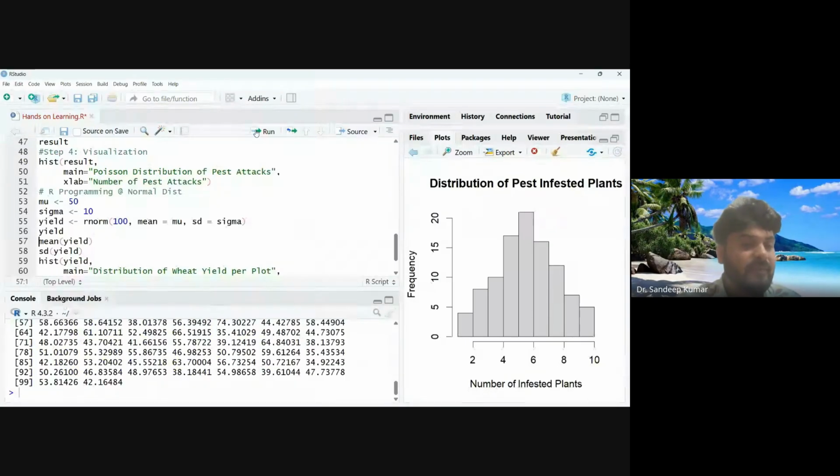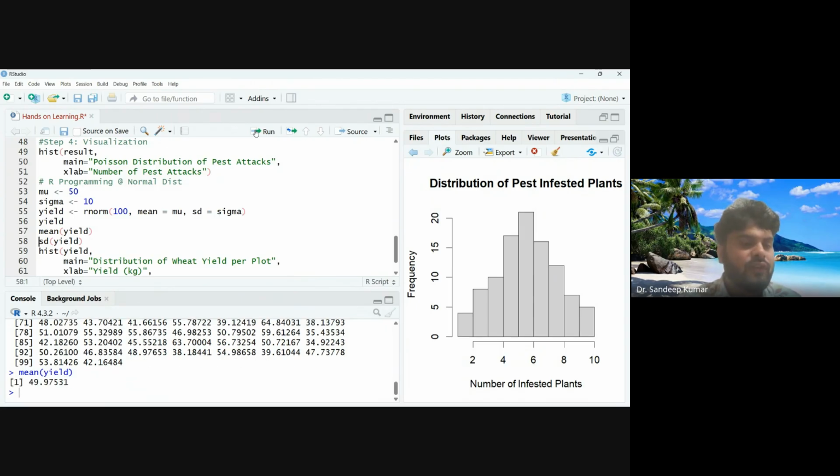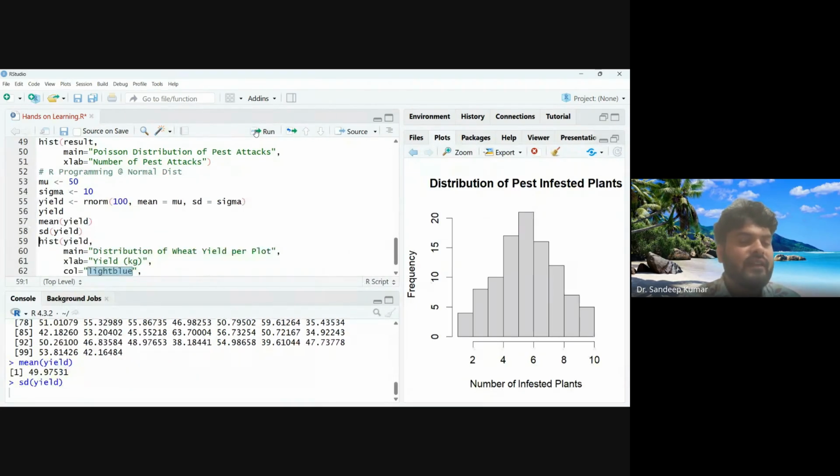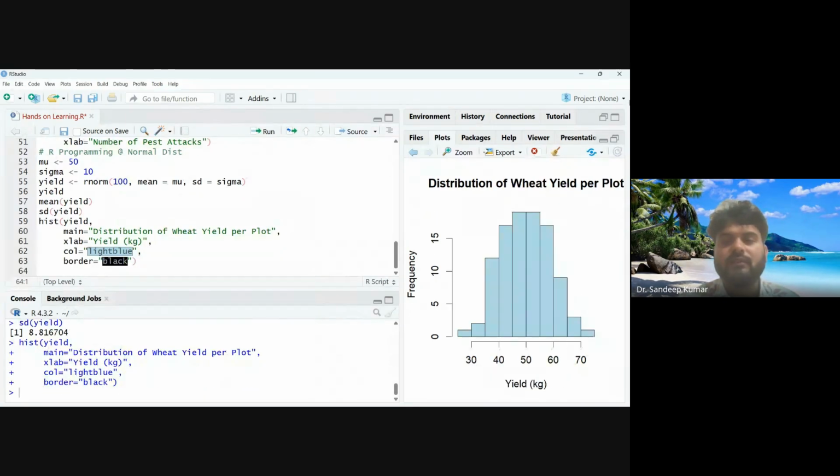Rounding the mean, basically your mean is 50. So all random numbers are around 50, say 58.38, 56, 74 something, and the mean is 49.97, standard deviation 8.816, and the histogram of that distribution, yield in kg and frequency. So you can see from this graph it is a bell shape curve.